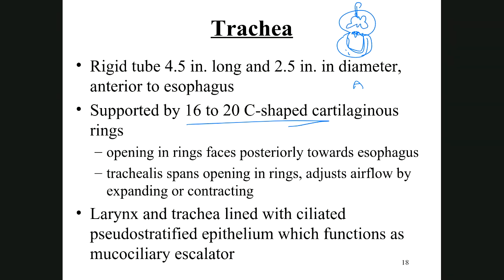So if she's swallowing a bolus of food, the esophagus can expand and push outward toward the trachea, but that's fine because there's muscle here. That's the trachealis. Okay. And here's a trachea cross section. This is the sagittal section of the trachea.